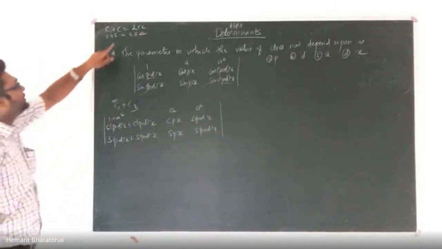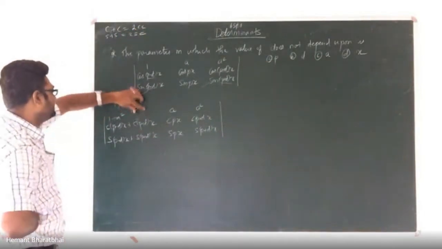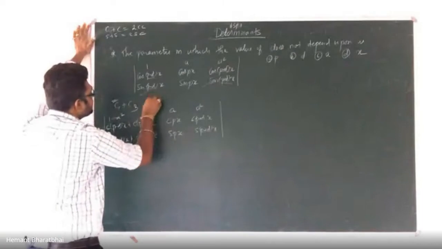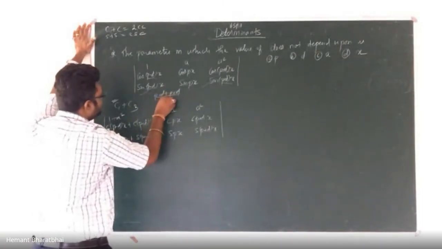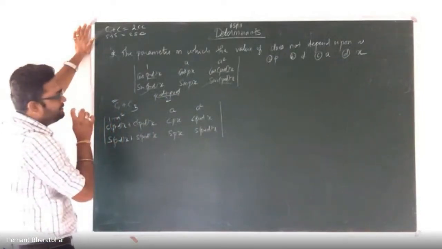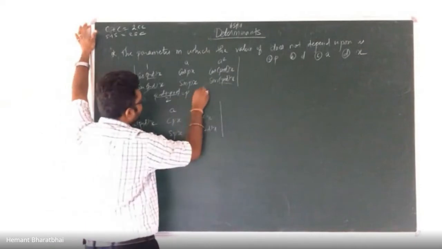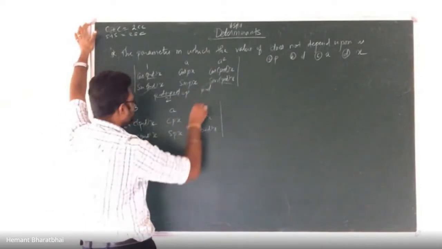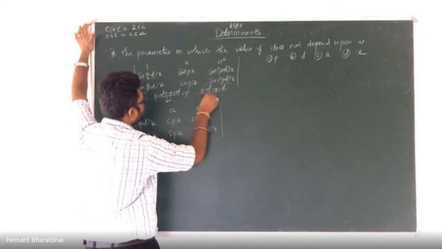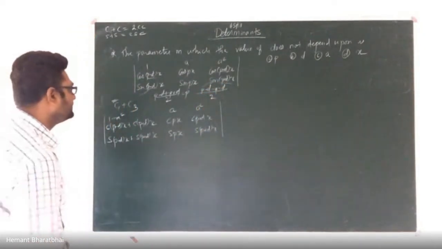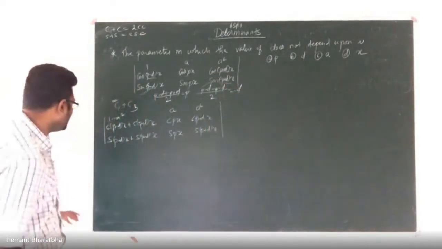Okay, so that gives me 2 cos of (p minus dx plus p plus dx) upon 2. The dx will get cancelled, 2p upon 2, so this is going to give me p. Similarly, (p minus dx) minus (p plus dx) upon 2: the p's will get cancelled, and it is going to give me minus dx.